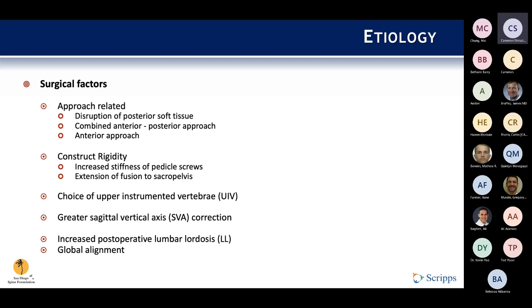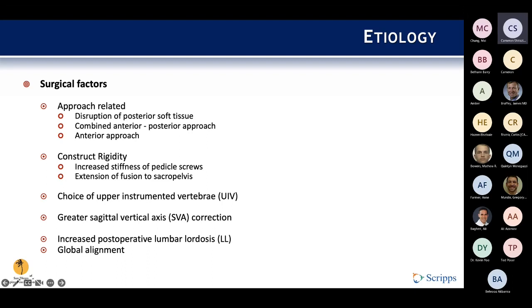And in newer studies, the one we just talked about didn't show a correlation to an anterior and posterior approach, but newer studies show that PJK is 3 times more likely to develop with a combined anterior and posterior approach compared to posterior only. From the anterior approach, though, the actual mechanism of how that's happening is unclear.